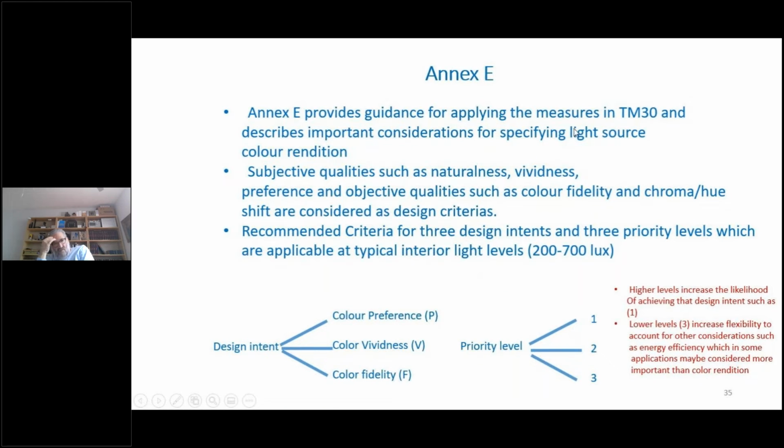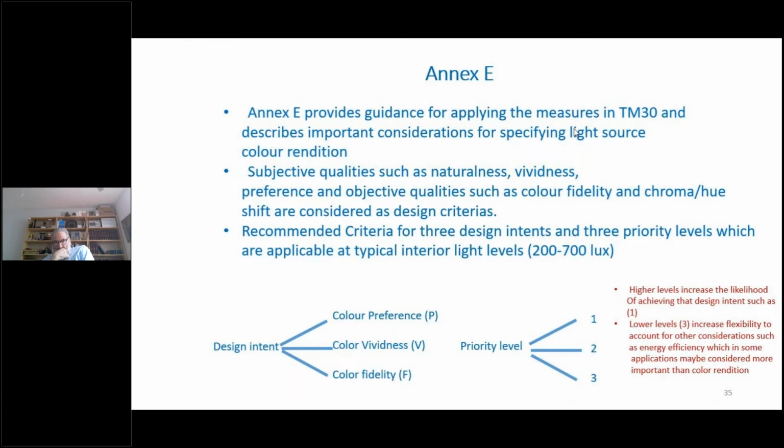And now let's talk about Annex E so we can understand the PVF parameters better. This Annex provides some guidance to apply the measures of TM30, and it describes important considerations for specifying light source color rendition. And you're going to have some subjective qualities such as naturalness, vividness, preference, etc. included in there.